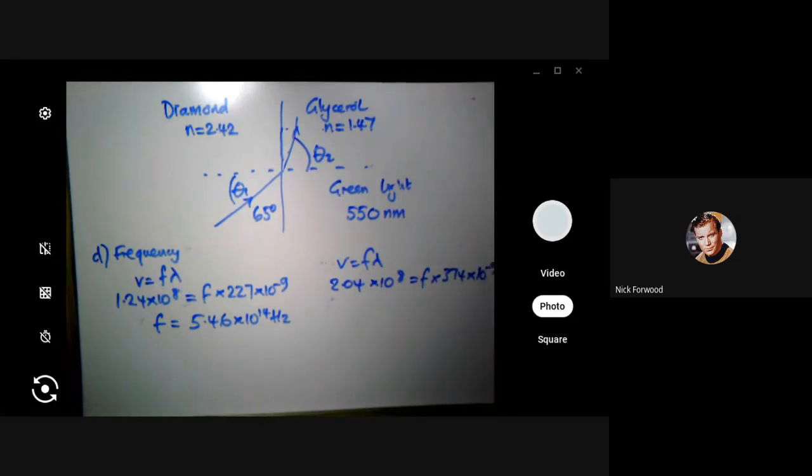I'm really just not doing very well here. If I divide 2.04 times 10 to the power of 8 by that number, I will get 5.46 times 10 to the power of 14 hertz. And I have shown that the two frequencies are the same. Frequency stays constant in both materials.